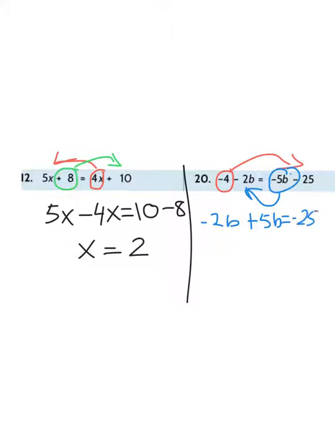And minus 4 moves across and becomes plus 4. Minus 2b plus 5b gives me 3b. Minus 25 plus 4 gives me minus 21. Divide both sides by 3. And I get b is equal to minus 7.